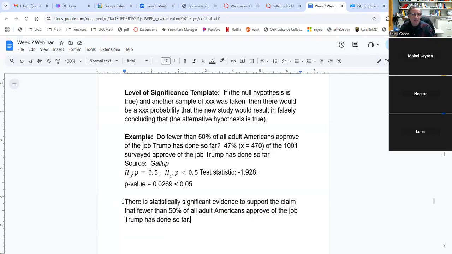Notice, there is statistically, and then it's either significant or insignificant evidence. That's important. Start there. Any questions on this?